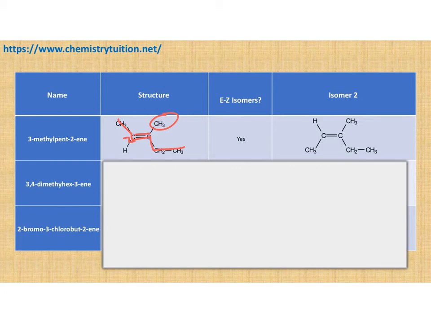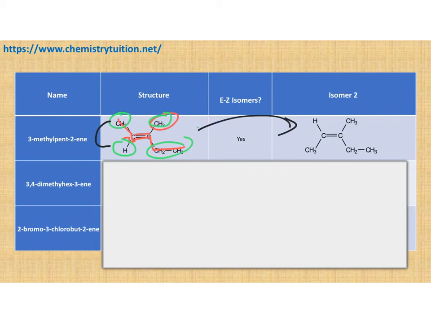Because on your carbon here you've got a methyl group and an H, which of course are different, and on this one you have a methyl group and an ethyl group, so they both have different groups on the carbon atom, and therefore you can change those around. So in this picture I've swapped over these 2 here to give you that molecule there.